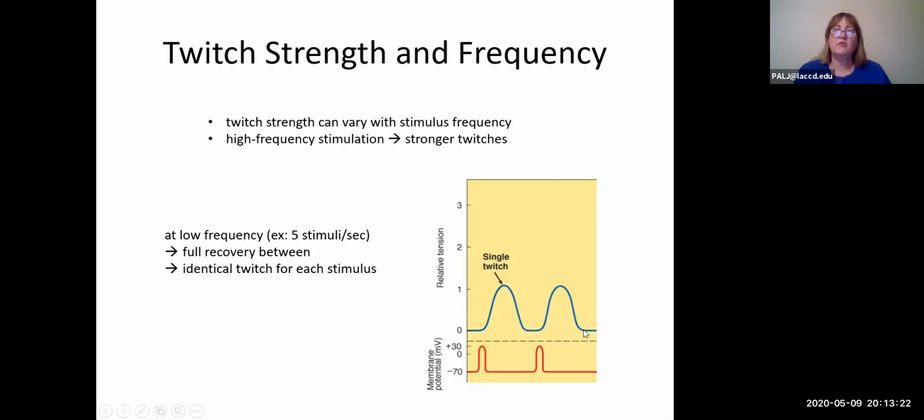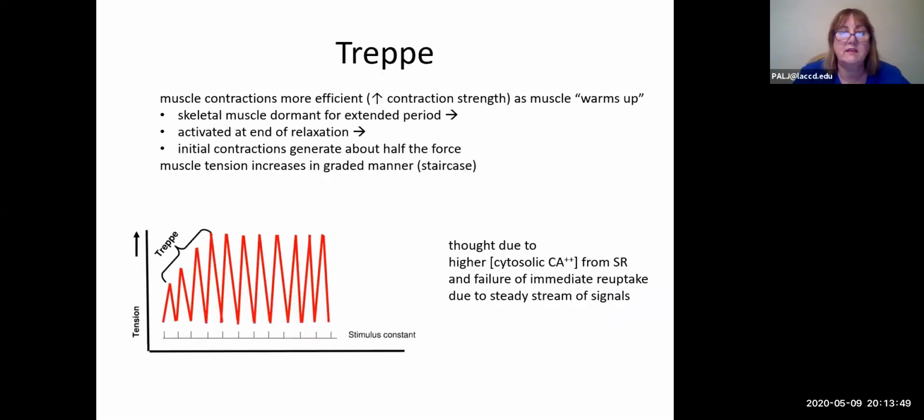So this is a low frequency, in other words, not that often. Every stimulus will give us the exact same twitch, because that muscle has had a chance to contract, to relax, go through its refractory period, and it's back at threshold, ready for a new latent period. So that's what happens at low frequency.